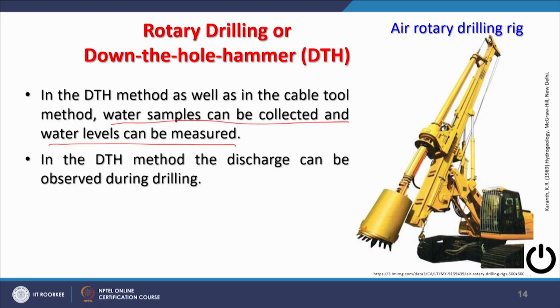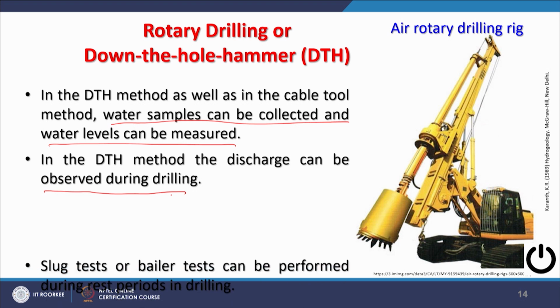If it is there, a pump is installed, or maybe artesian conditions as well. In the DTH method, the discharge can be observed during drilling as well. So, how much water it will yield, that kind of assessment can also be done during the drilling itself.